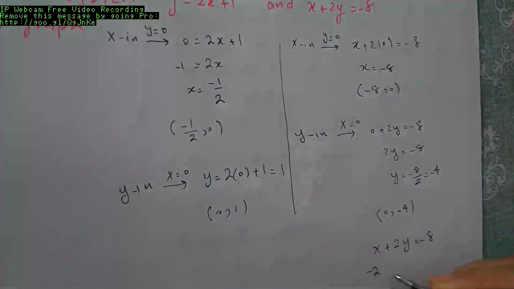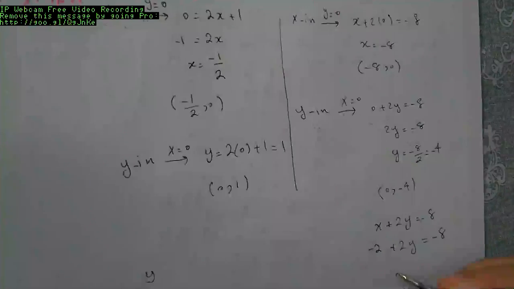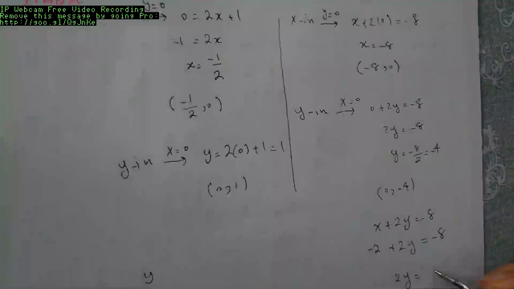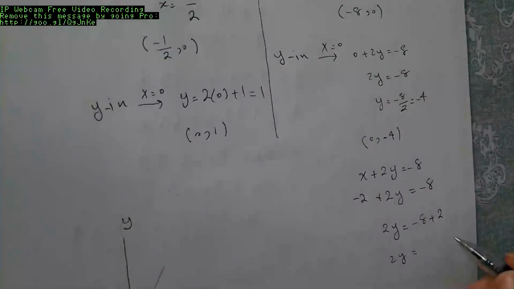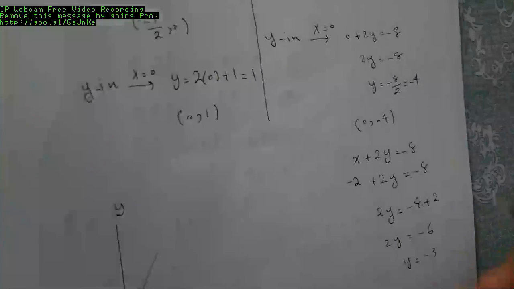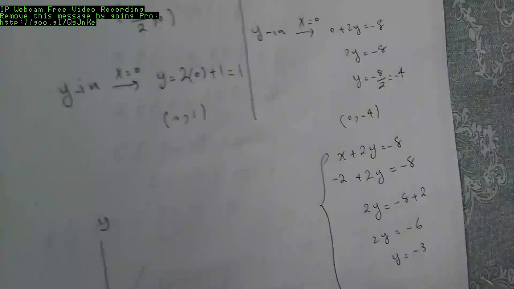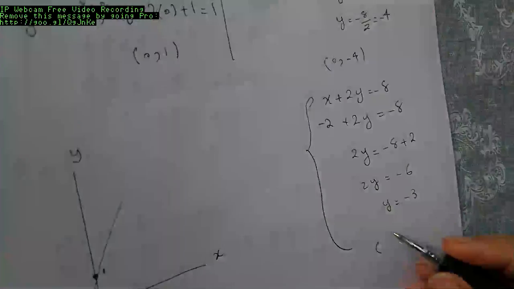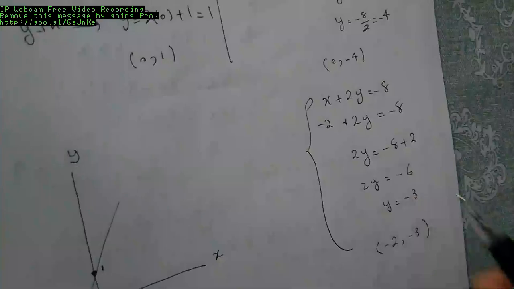If I put -2 here, 2y is equal to -8 plus 2. 2y is equal to -6, y is equal to -3. So my point for x equal to -2 is, the y is -3. So this is one more point there.